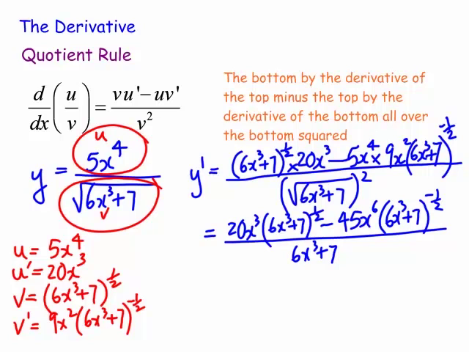Now, we can factorise this further, so this is y dash, and we can take the negative index out again. Well, we can take a 5. Let's take a 5x to the power 3 out. We'll also take out 6x cubed plus 7 to the power of negative a half.